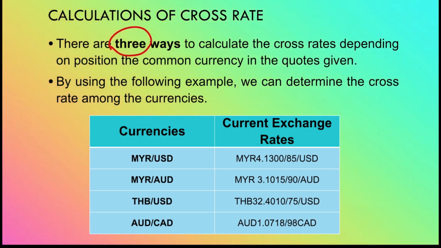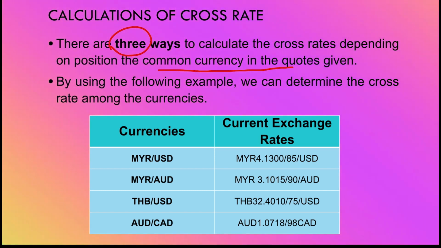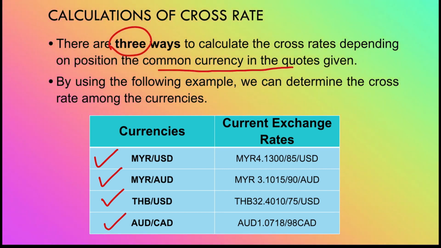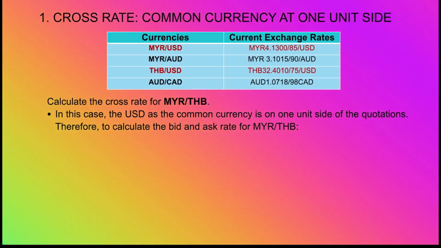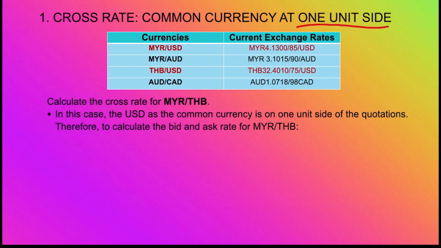There are three ways to calculate the cross rate depending on the position of the common currency in the quotes given. We will use this example to calculate the cross rate using three ways. The first way is cross rate with common currency at one side units.